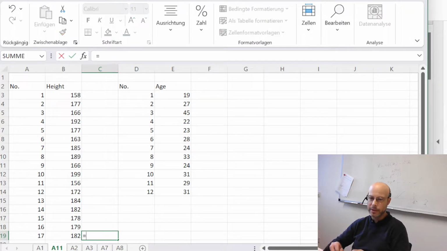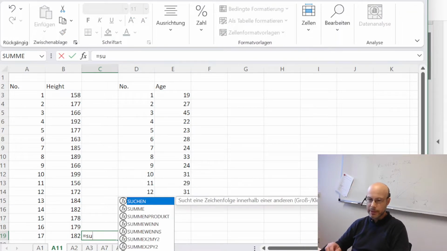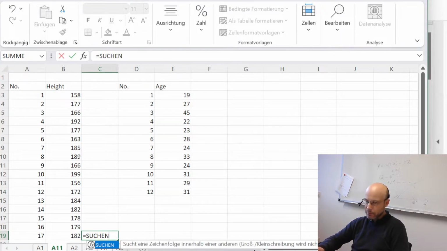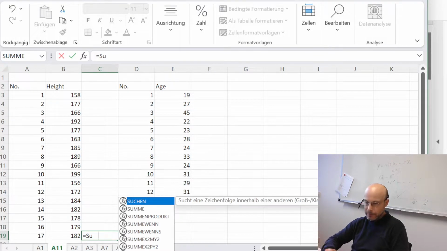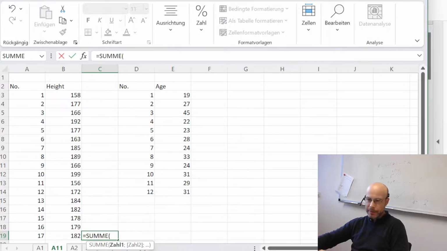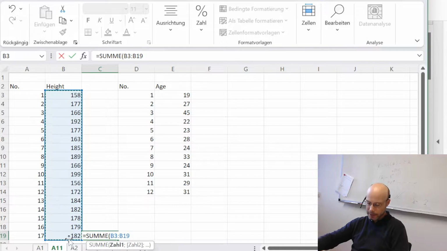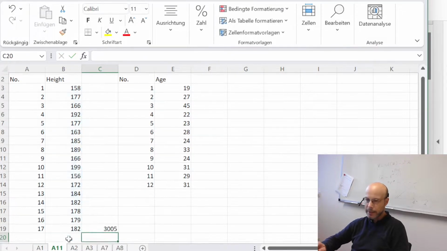And this you can do in Excel, that you just type in here. Well, this is still the German version. I also gave you, if you want to do it all in English, the Excel translator. Oops, not suchen, but sum up. And we just put all the numbers inside here and enter.